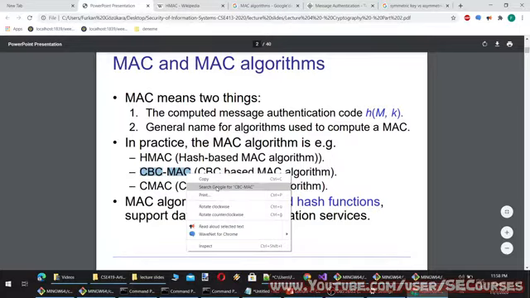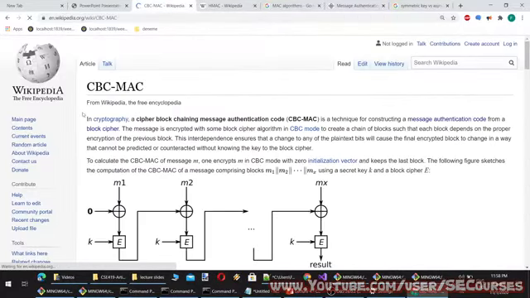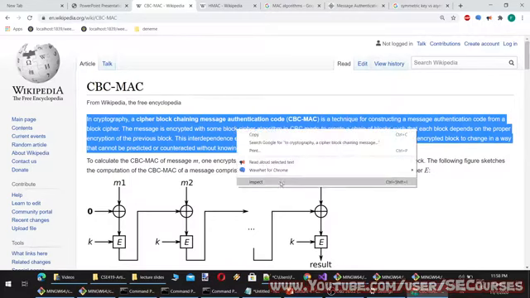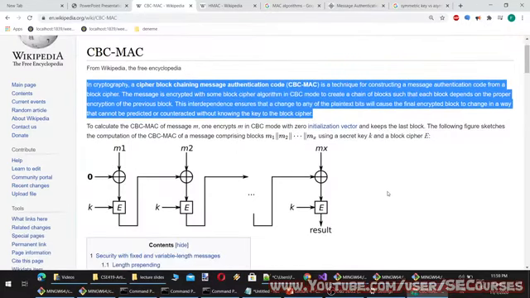Okay, there's also CBC MAC. Let's check it too. In cryptography, a cipher block chaining message authentication code (CBC MAC) is a technique for constructing a message authentication code from a block cipher. The message is encrypted with some block cipher algorithm in CBC mode to create a chain of blocks such that each block depends on the proper encryption of the previous block.